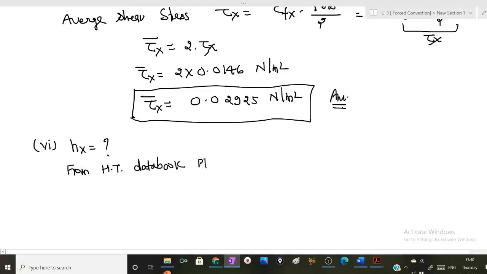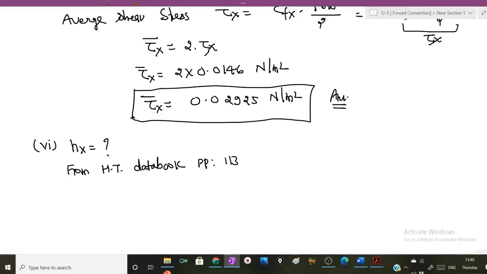Page number 113. So far we are well aware our flow is external flow, boundary condition is constant wall temperature, and flow is laminar. So for all these conditions, if you refer data book, I have to select the expression of Nusselt number.